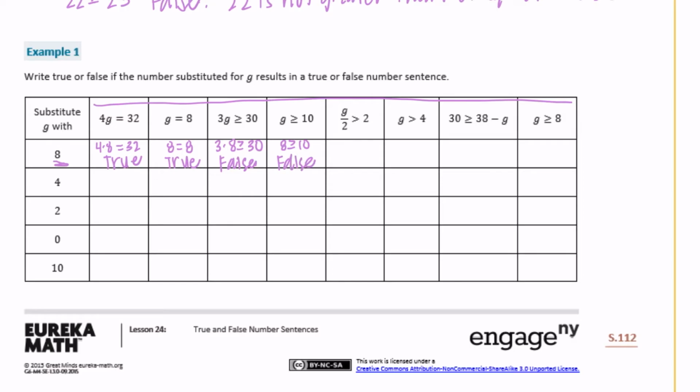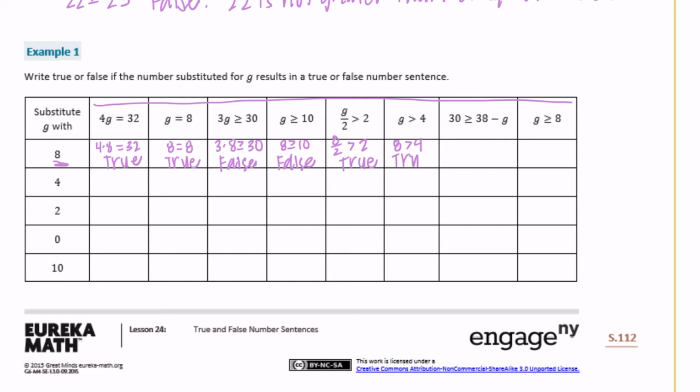Let's see. G over 2. So 8 over 2 is greater than 2. 8 divided by 2 is 4. Is 4 greater than 2? That is true. G is greater than 4, or 8 is greater than 4.